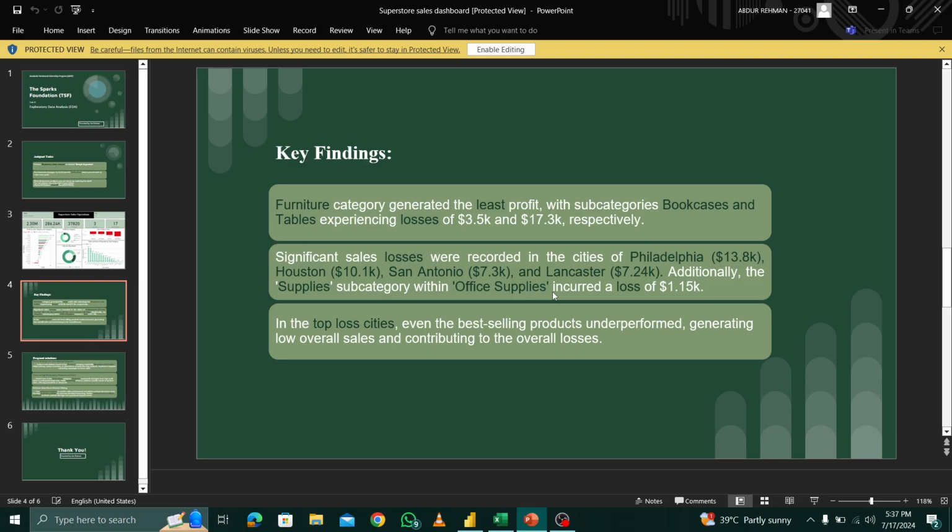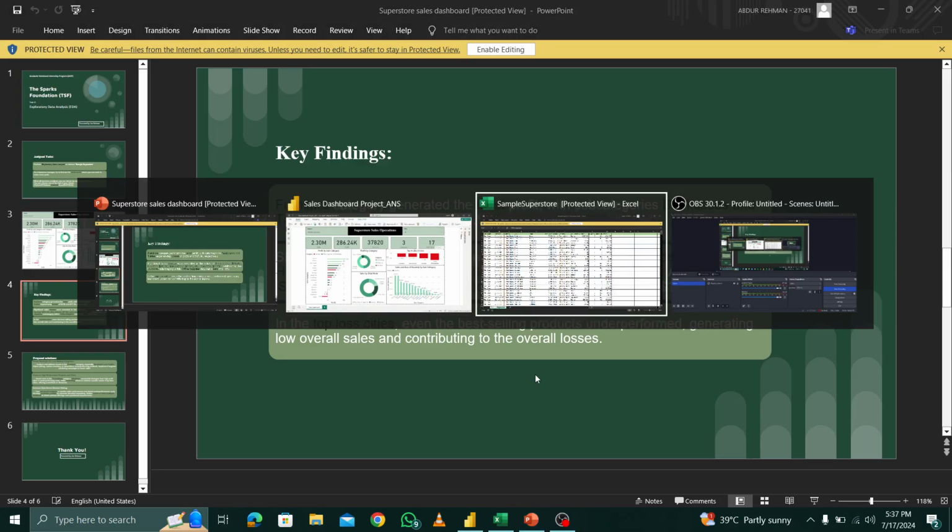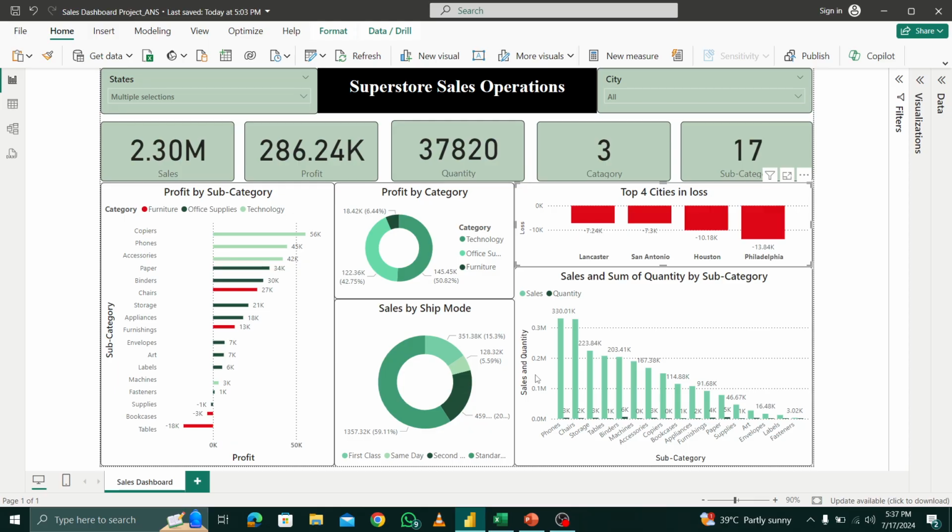In the top loss cities, even the best selling products underperformed, gathering low overall sales and contributing to the overall losses. So here we can see that the copiers are making most of the profits.